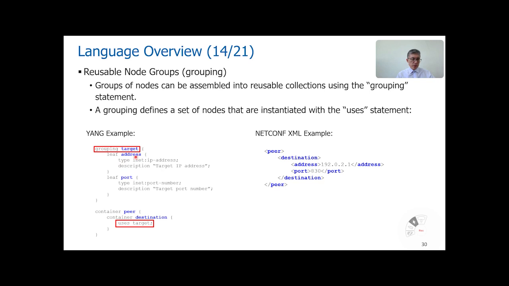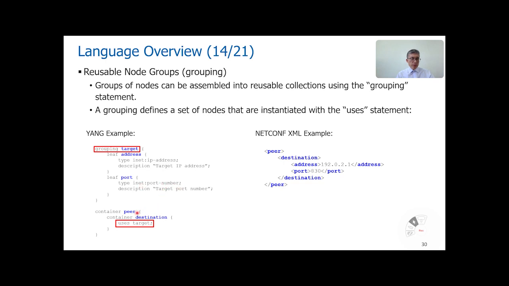Here, the address is of type inet:ip-address. inet is a module, so we can use this. And the actual variable is this one, so the address variable is using inet. Also, port number is a member variable here.